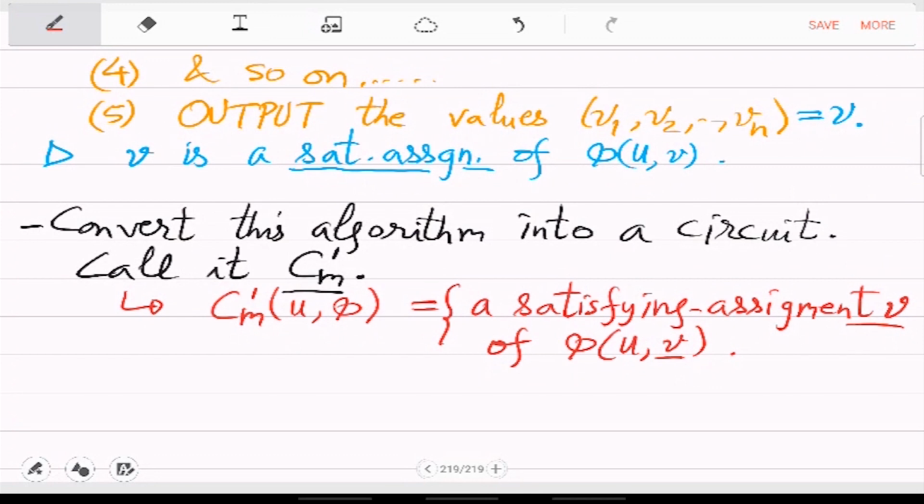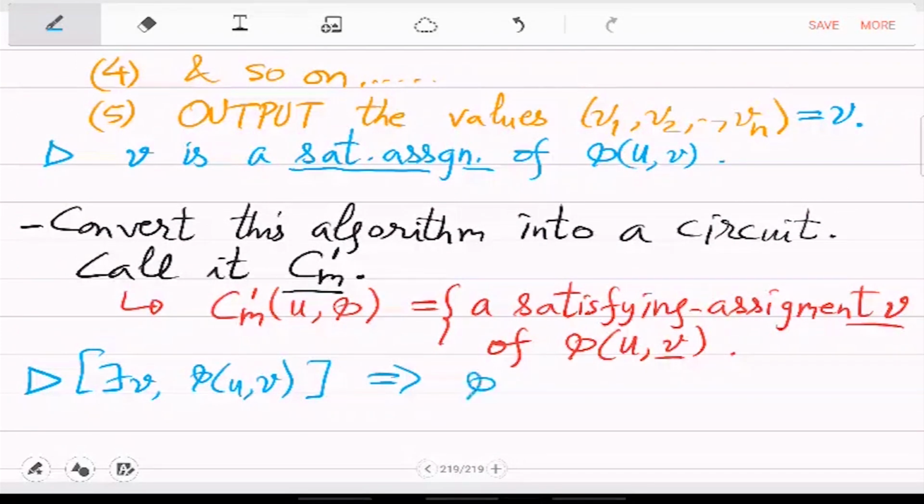So this means that now we can write, if there exists a V, if this is true, there exists this satisfying assignment V, then indeed we can just plug in, instead of V, we can plug in this C_m prime.